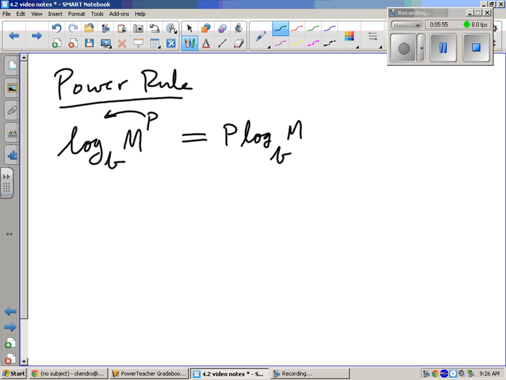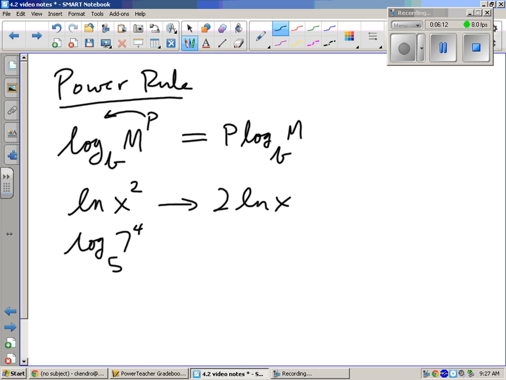Anytime you have an exponent, you bring it out front as a power. Let's try an example. Natural log x squared becomes 2 natural log of x. How about the log base 5 of 7 to the fourth? That just becomes 4 out front and log base 5 of 7. So it's just really moving it out front.